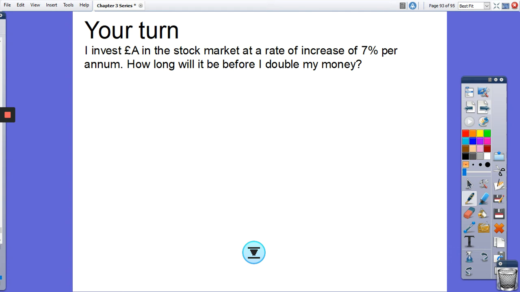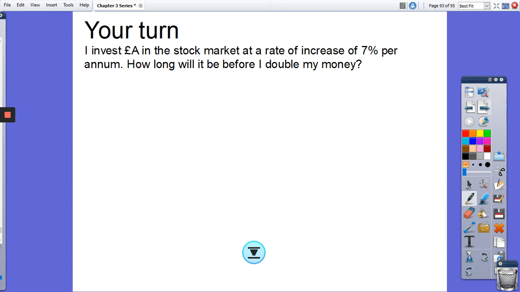So over the last, I don't know, quite a long period of time, on average, the stock market in the FTSE 100, I think, has increased by 7% each year. So if I stick a certain amount in now, how long will it be before that doubles? If I'm sticking £1,000, how long does it take to get to £2,000? If I stick in 100 grand, how long does it take to get to 200 grand?